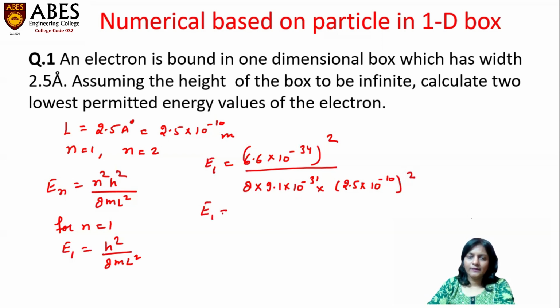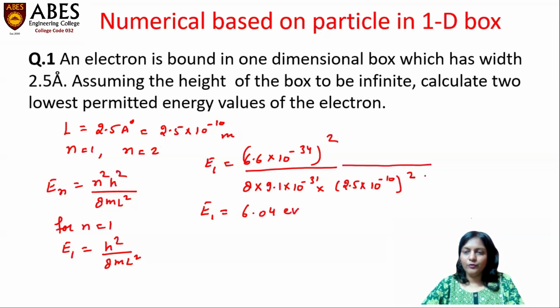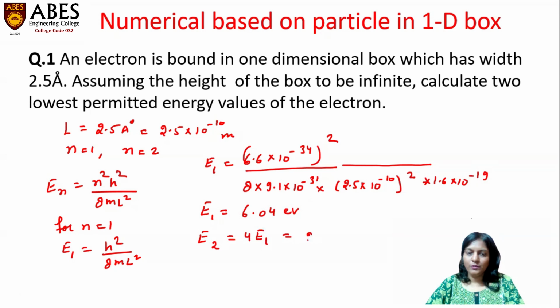This is E1. So solve this for E1 and E2. After solving, we get this value as 6.04 electron volt. For converting into electron volt, we divide by 1.6 into 10 to the power minus 19. And we know that E2 is 4 times E1, so it is 24.16 electron volt. This is the answer for E1 and E2.